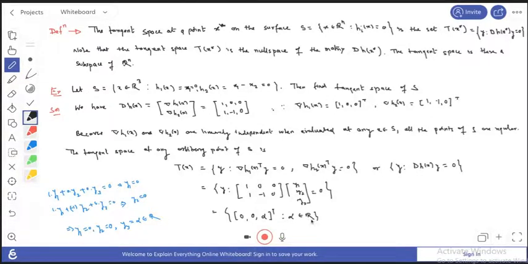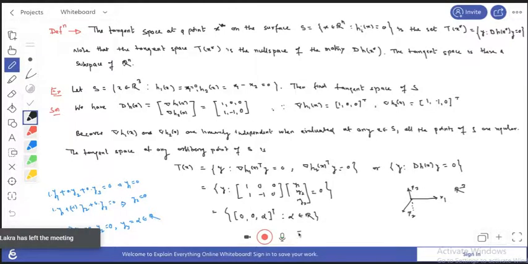Okay, so this means basically if we try to see here, this is your x1 axis. Okay, this is your x2 axis, and this is the x3 axis. Or we take this as R3. So suppose this is your R3. Your y has zero x1 component, zero x2 component, and the y3 component is any real number.